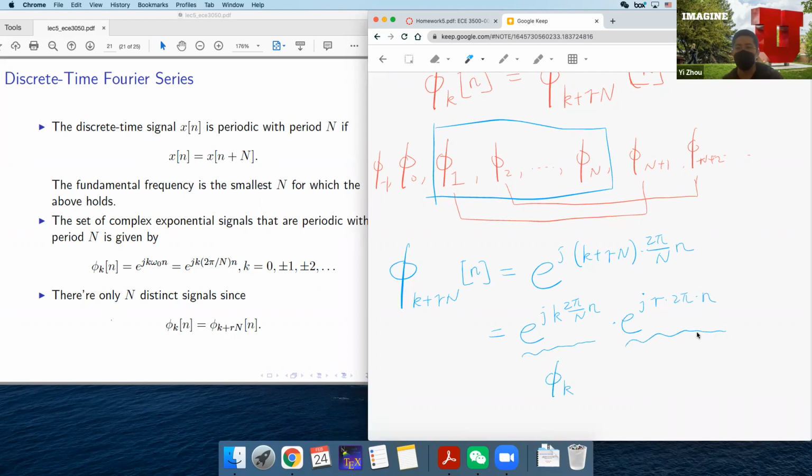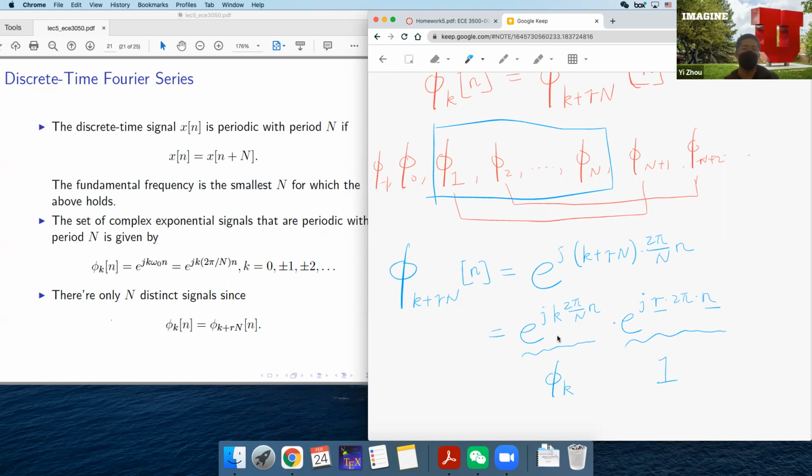But this one is very special because the time index n can only take integer values. So n is an integer, r is an integer, and we are looking at e to the power of j times some integer times 2 pi. That is a constant 1 by Euler's formula. So the phase part is some integer multiplied by 2 pi, which gives a constant 1.